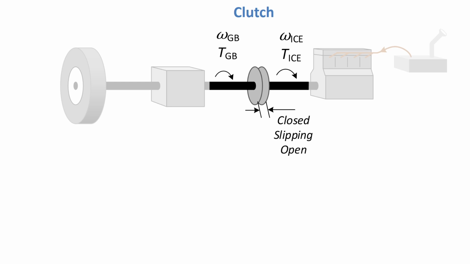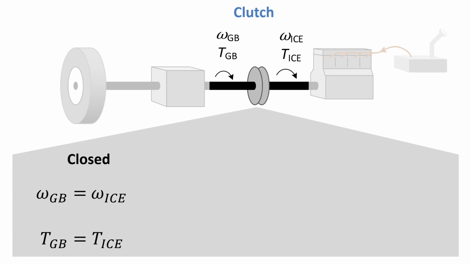The clutch is another controllable part of the powertrain. The driver can control the clutch to be closed, open, or slipping. When the clutch is closed, we can model its behavior easily, since a closed clutch is like a rigid drive shaft. The speed on both sides are equal, omega_gearbox equals omega_ICE.